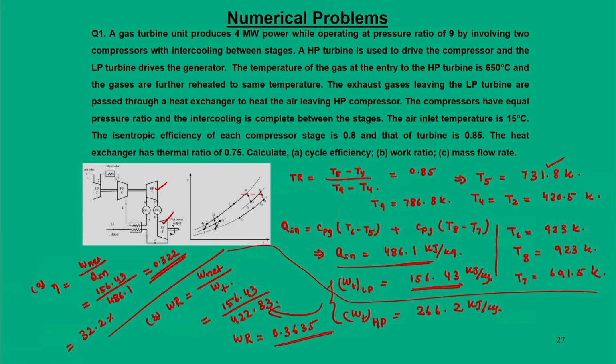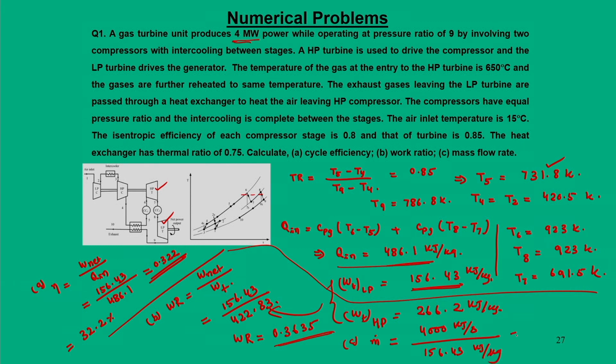And the last part is mass flow rate. For the mass flow rate we require 4 megawatt. So m dot, that is part C, can be calculated as 4000, that is total power in kilojoule per second, divided by the power we are getting, 156.43 kilojoule per kg.